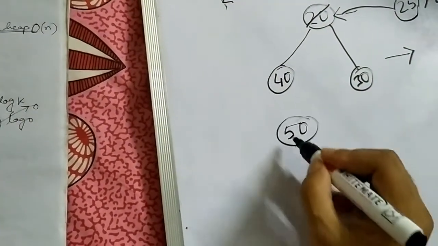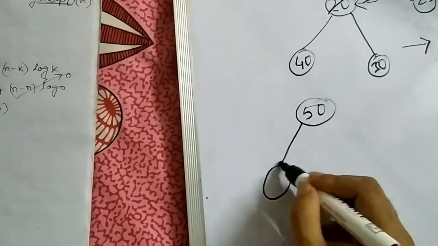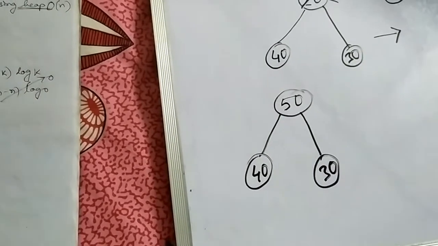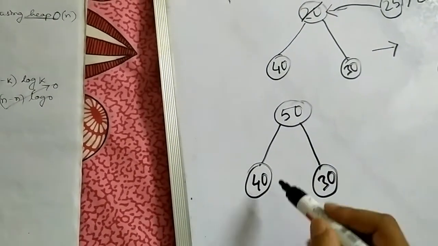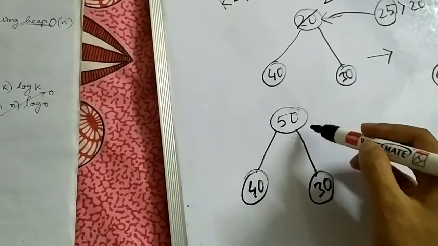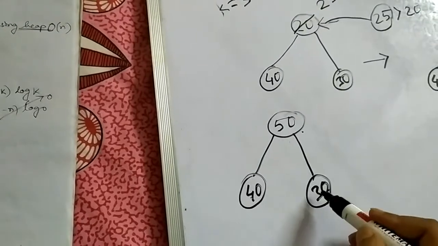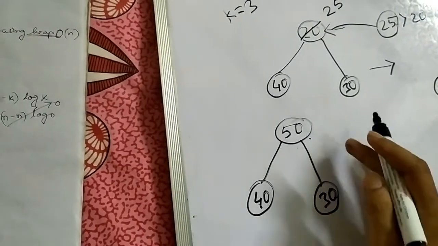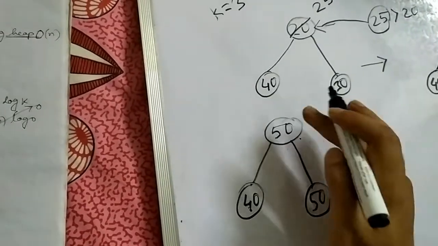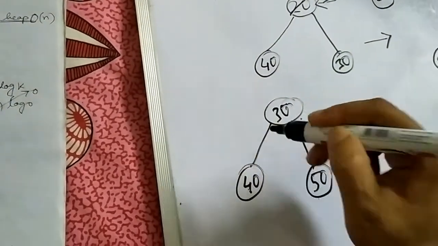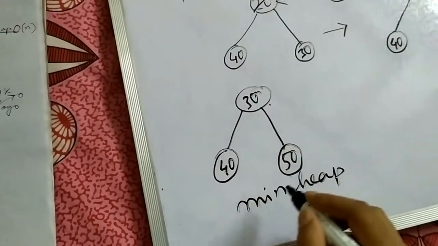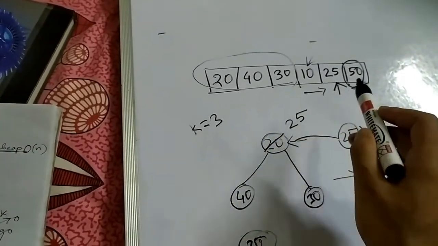So my current heap is like this: 50, 40 and 30. This is not a min heap. So here 30 is less than 50 and 30 is also less than 40, so 50 will come at this place and 30 will come at root. So this is my min heap after considering the whole array.